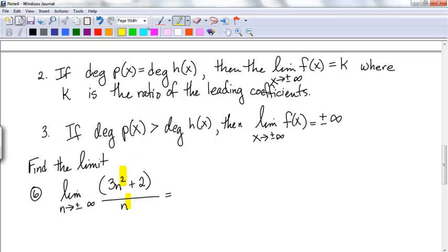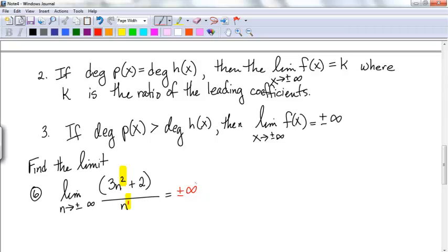The degree of the denominator, that exponent's understood to be a 1. The degree is larger on top. If the degree of p of x is greater than the degree of h of x, then it's positive or negative infinity. Now, you need to decide which one it is.